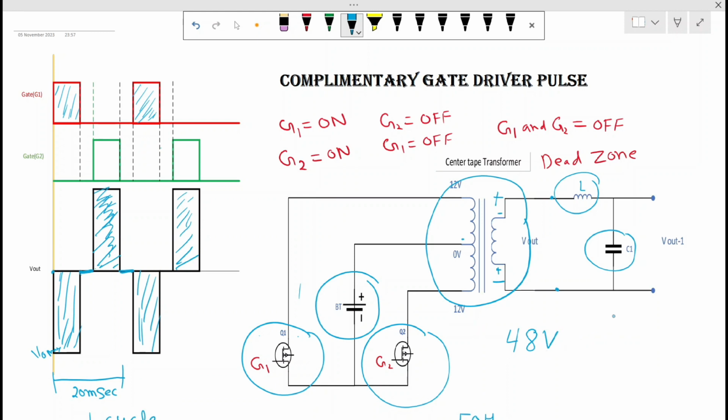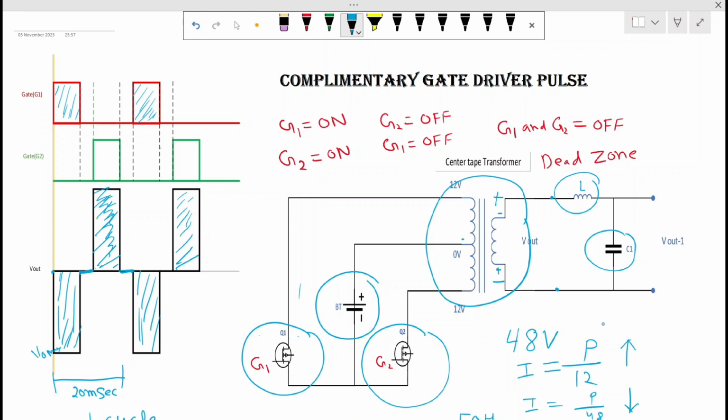Because if power is more and you select a 12 volt battery, the current will increase. If the power is the same and the battery voltage is more, then your current is reduced. Otherwise the input current is increasing.